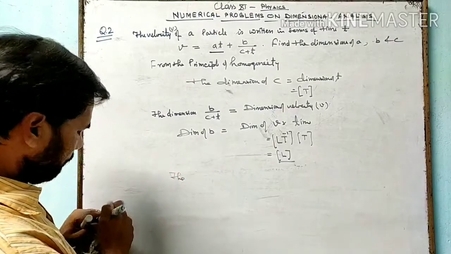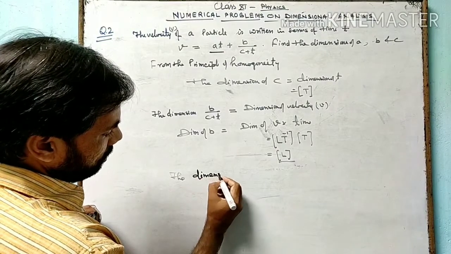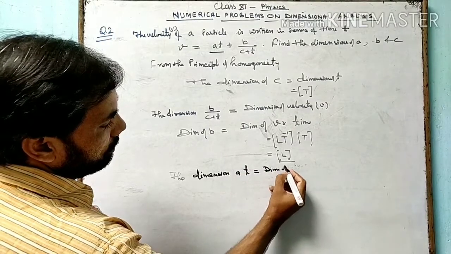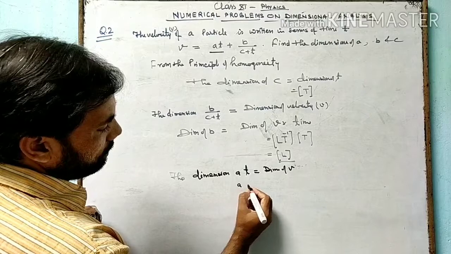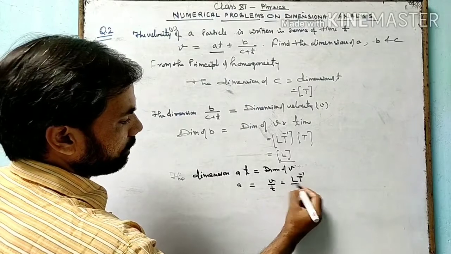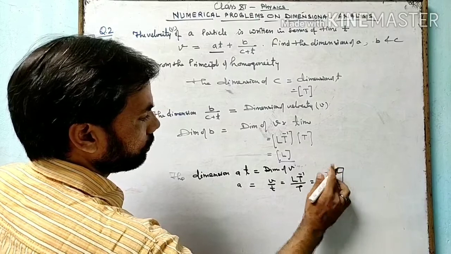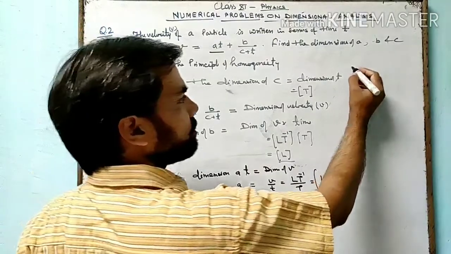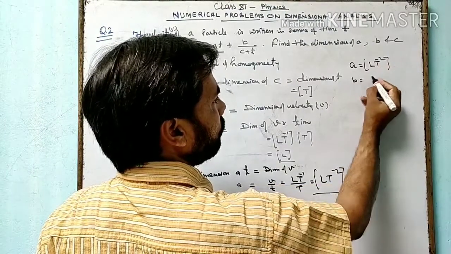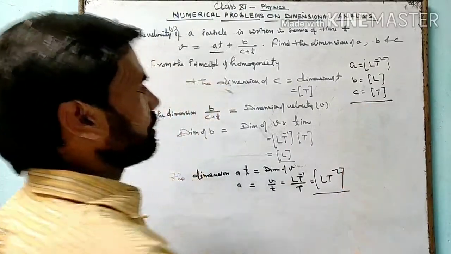The dimension of a into t is equal to the dimension of velocity. The dimension of a is v upon t, that is L T minus 1 upon T, that is L T minus 2. So the dimension of a is L T minus 2, the dimension of b is L, and the dimension of c is T. That's a very simple trick.